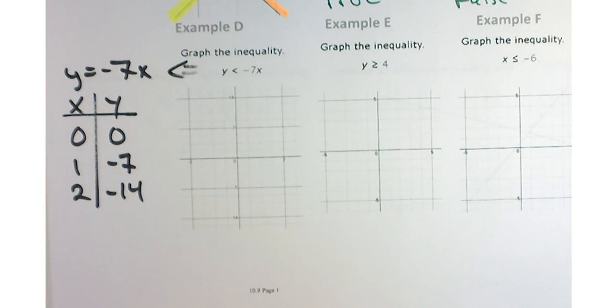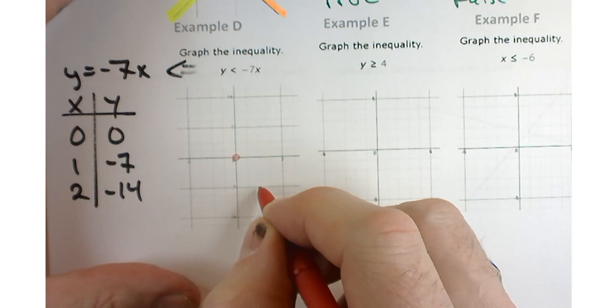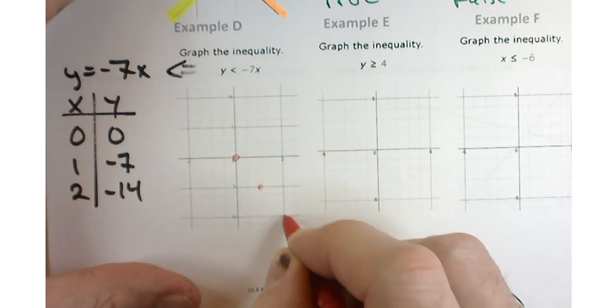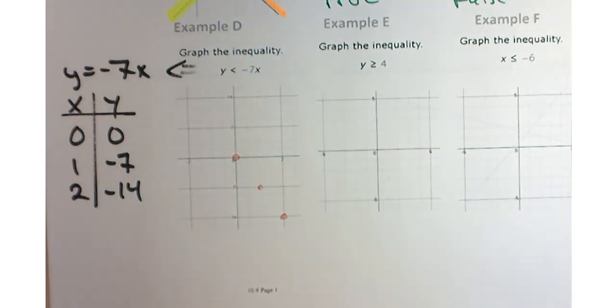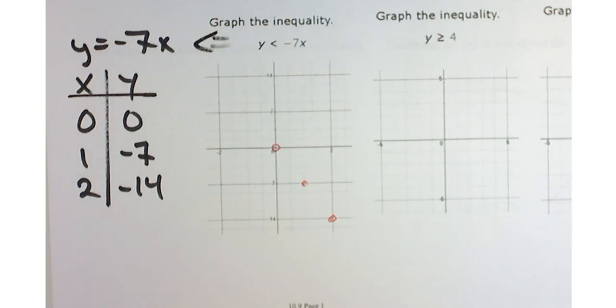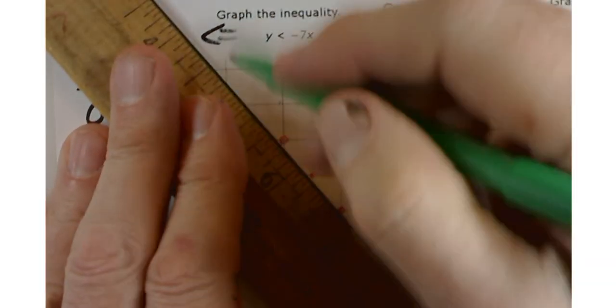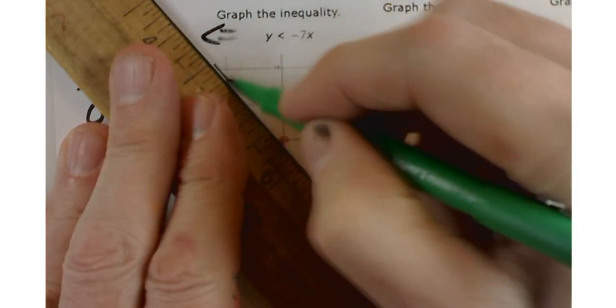So let's put those points on our graph. 0, 0; 1, negative 7; and 2, negative 14. Okay, looking good there. As far as the line is concerned, what kind of a line should I use to draw this? Yeah, thank you. A dotted line. So, dotted line here, along there.